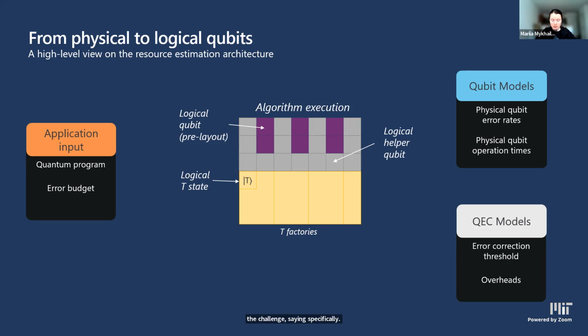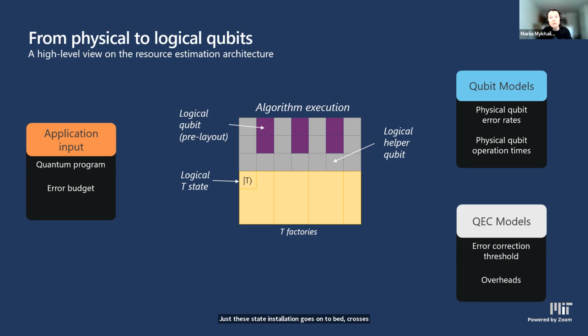So another thing it takes into account is that not all gates are implemented in the same way. For some gates, you need the T-states, and to generate the T-states, you need T-factories. So those are a process that goes in parallel with your computation. Just T-state distillation goes on in the background and provides the T-states to the logical program.